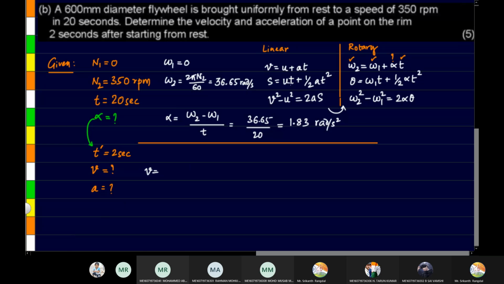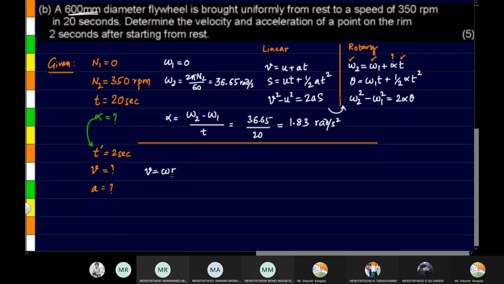Fine. And here, because we are converting from rotary to linear, we have to use this relation: omega into r, the radial distance. On the rim. Yeah, so diameter is given here, right?